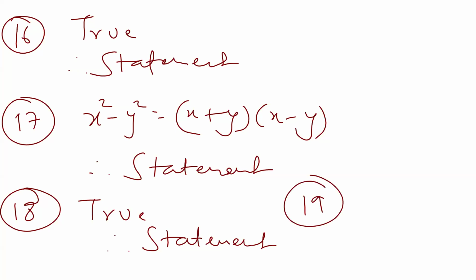19. Two coplanar lines. Coplanar means on a single plane. A whiteboard, a blackboard, this screen, mobile screen, a tablet screen, it's a single plane. So two lines on a single plane are called coplanar lines.